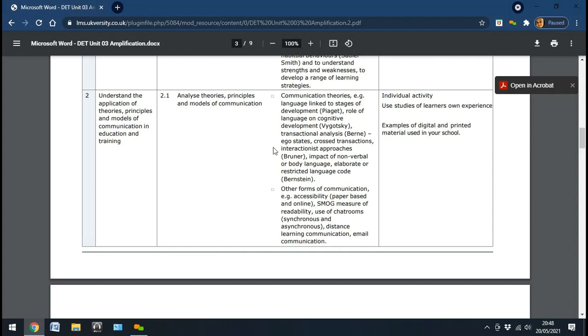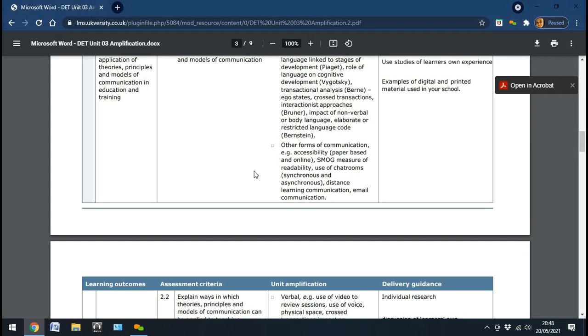He's involved in quite a few of the areas of discussion here. Transactional analysis styles, ego states, cross transactions, interactionist approaches, impact on non-verbal or body language, or elaborate or restricted language code. Those are worth looking at because probably 70% of what you do is done by non-verbal language.